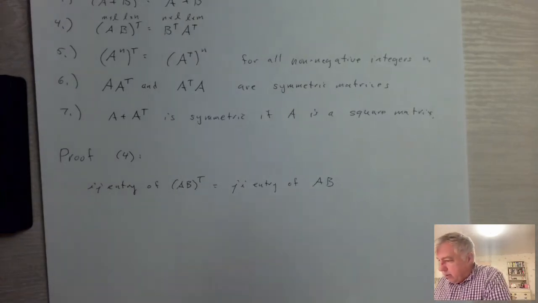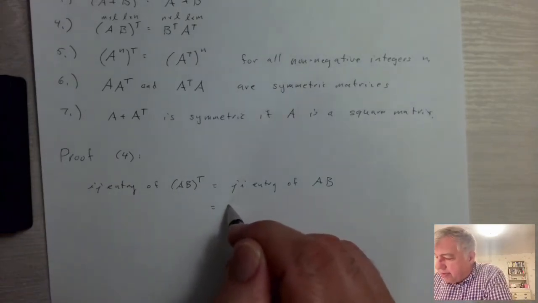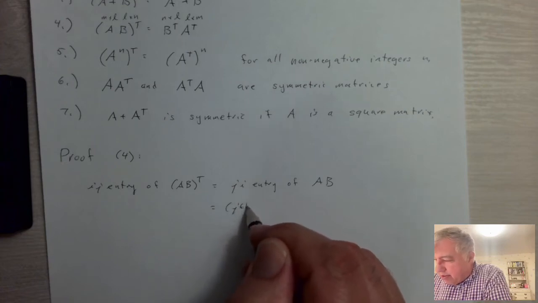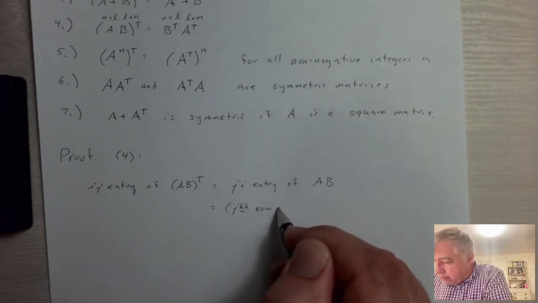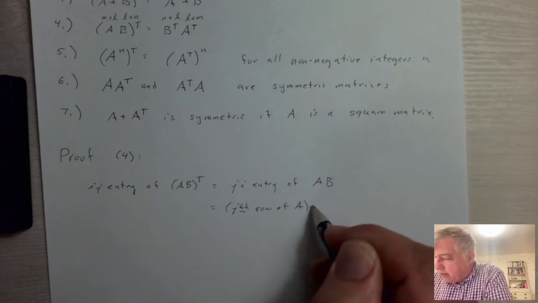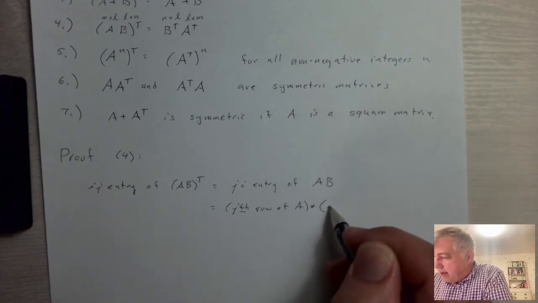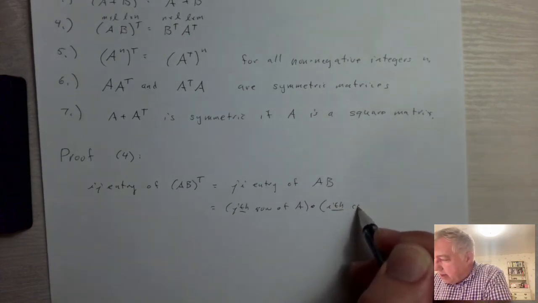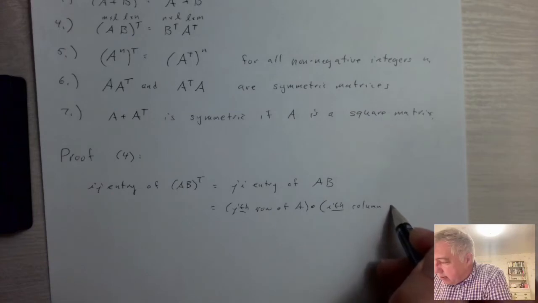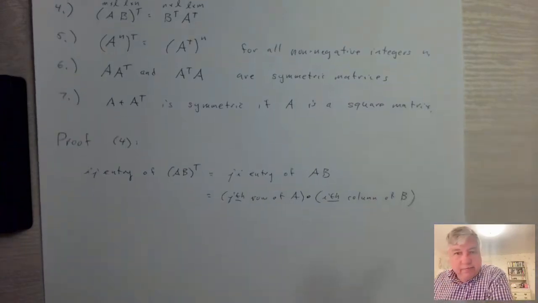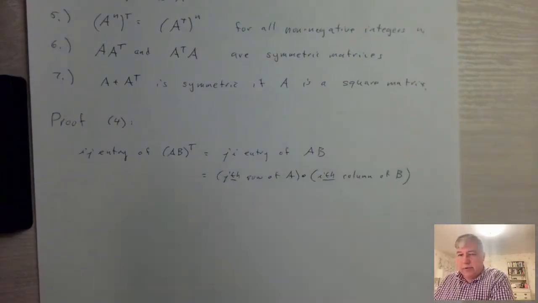And what is this? Well, this is the dot product of the jth row of A and the ith column of B.